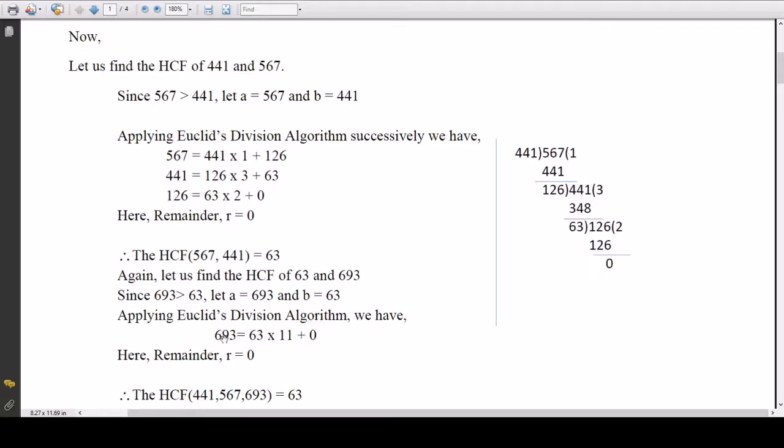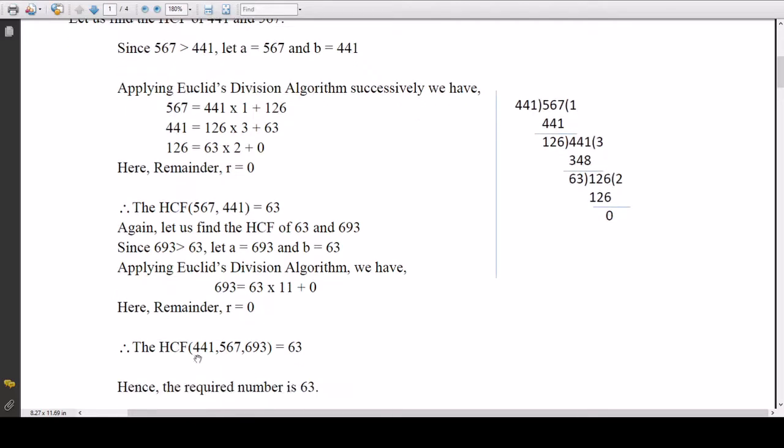You will find that 693 is equal to 63 multiplied by 11. You can exactly divide 693 by 63, going with 11, leaving no remainder at all. Hence, this 63 will be the HCF of these three numbers.